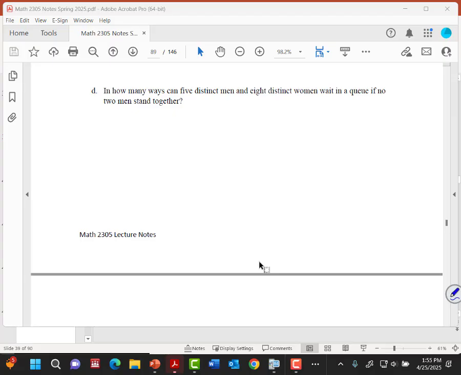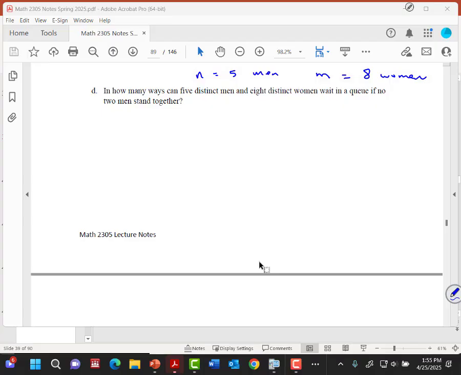I'll just say N equals 5 men and M equals 8 women. And I want to count how many ways can these 5 men and 8 women line up, stand in a queue, if no 2 men stand together.